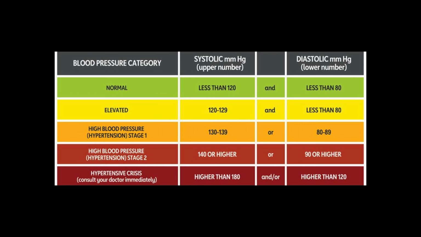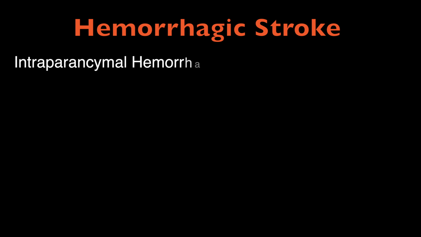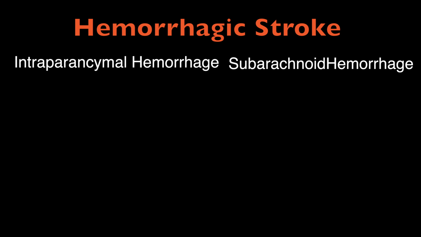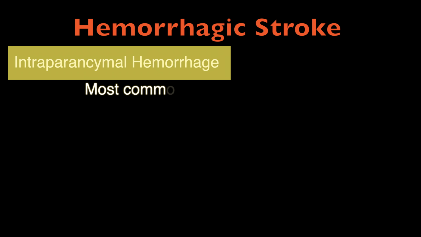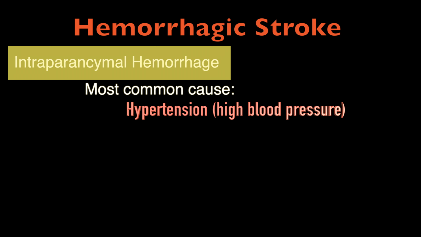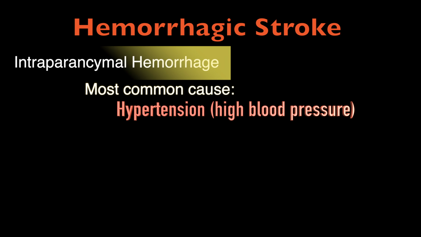In conclusion, today we talked about hemorrhagic stroke. We said that there are two types of hemorrhagic stroke. One is intraparenchymal hemorrhage, which means bleeding within the brain tissue itself, and two, subarachnoid hemorrhage. In this episode, we talked about intraparenchymal hemorrhage, and we said that the most common cause is high blood pressure or untreated high blood pressure.